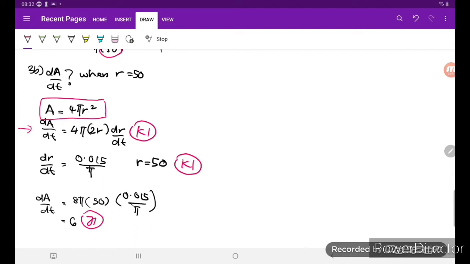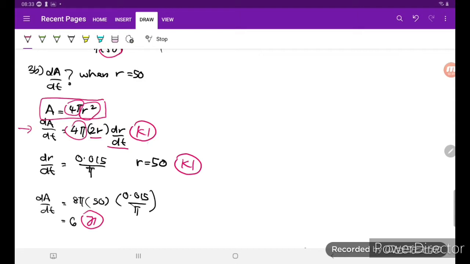Okay, because you cannot differentiate A with respect to t directly. So dA over dt, and then for 4 pi put back, then you differentiate r squared, you will get 2r. Then because you want to differentiate r with respect to t, you have dr over dt. Okay, implicit.